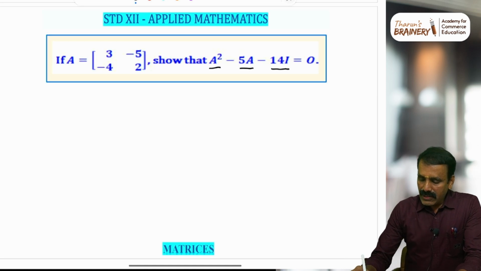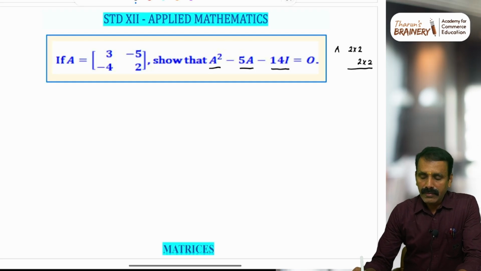So A is a matrix of order 2 by 2 and we are going to multiply A with A itself. So again it is going to be of order 2 by 2. So we can find the product A into A. And the resultant matrix also of order 2 by 2 only.